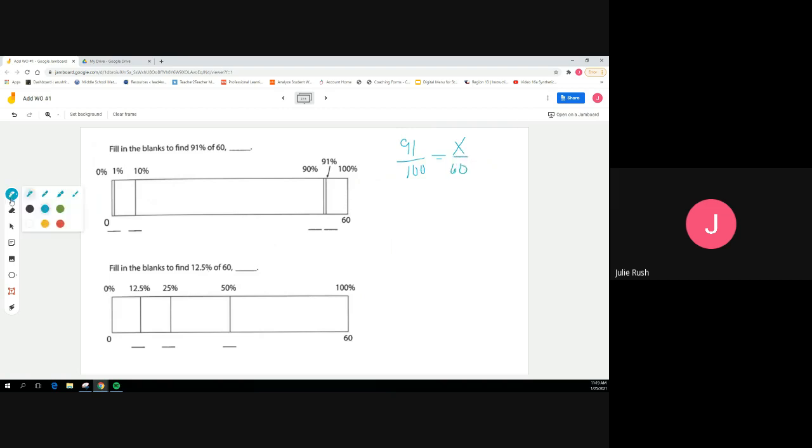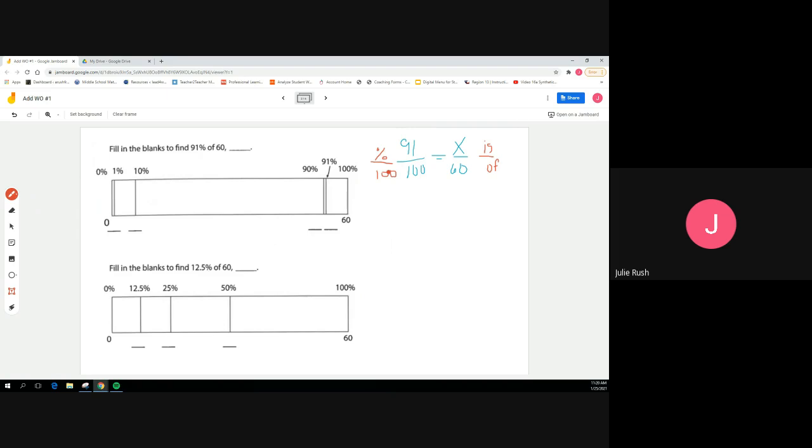A really quick way to remember: this is your is, this is your of, this is always 100, and this is the given percent. So that's the way we set up when we solve percent problems.